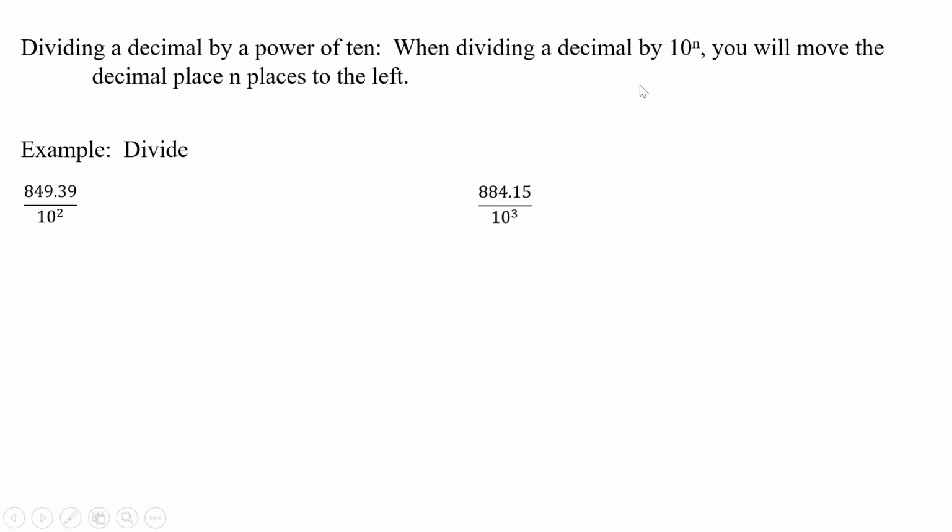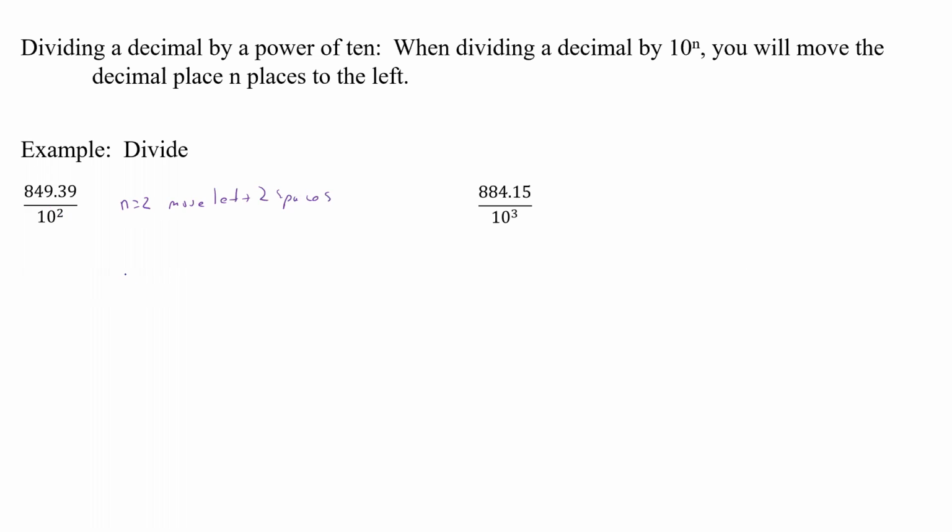All right, so here we're going to have powers of 10 again. So when we multiplied by powers of 10, we move the decimal place to the right. Now when we divide by a power of 10, we're going to move the decimal n places to the left. So now we're going to be moving to the left. So with this one, we have a power of 2. So we have n equals 2, so we're going to move left 2 spaces, basically.